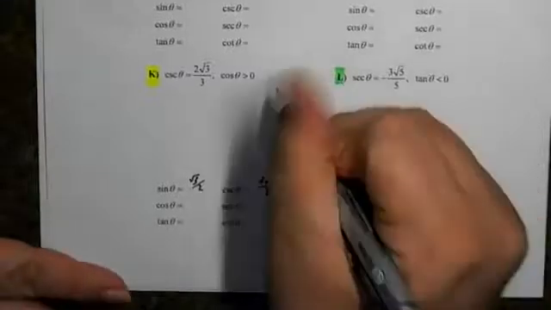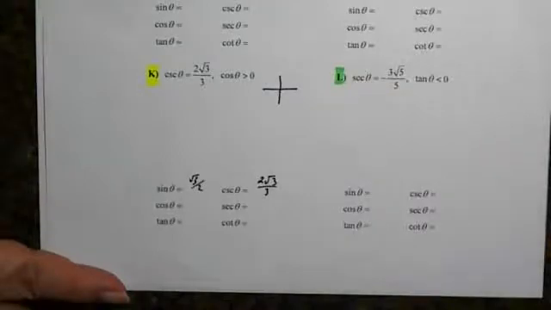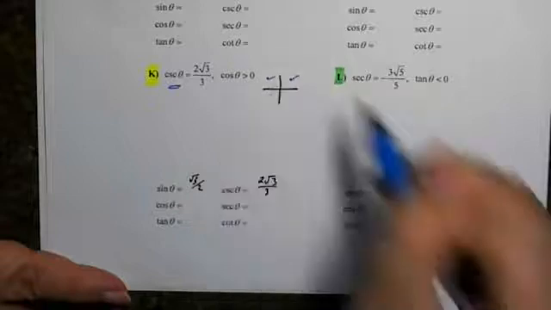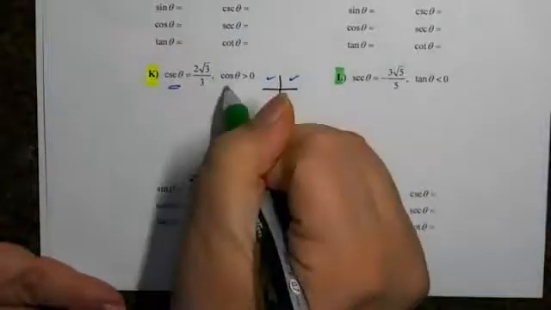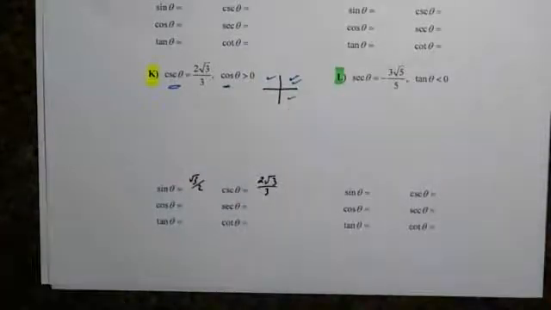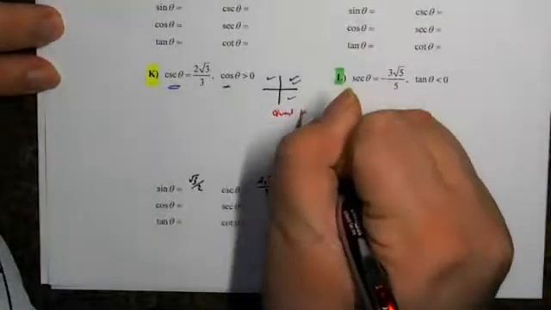So sine is positive. That is quadrants 1 and 2. Cosine is positive. That is quadrants 1 and 4. So once again, in this case, I am in quadrant 1.